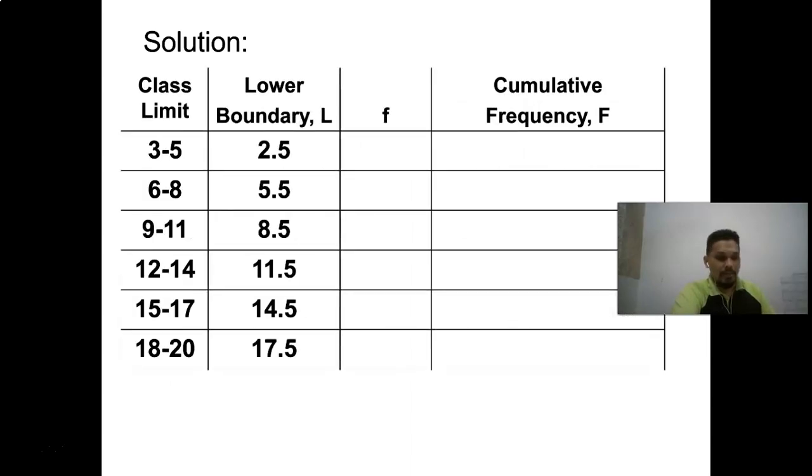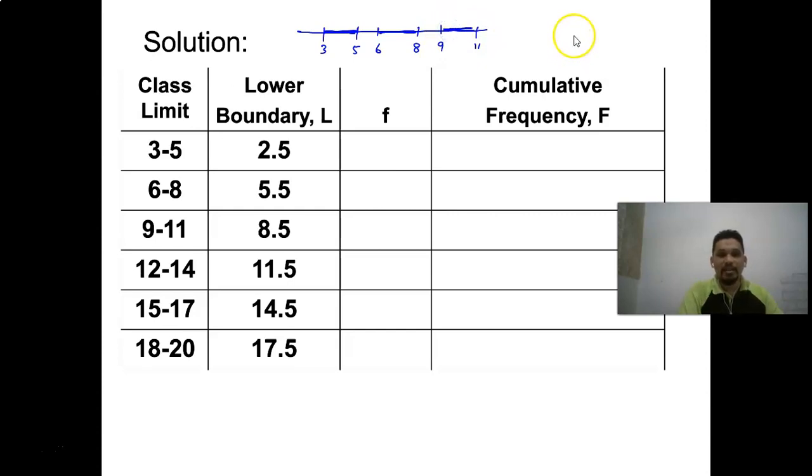Okay, so now from this table, for the lower boundary, we take it from the class limits: from 3 to 5, 1 class, and then 6 to 8, another class, and then 9 to 11, another class.